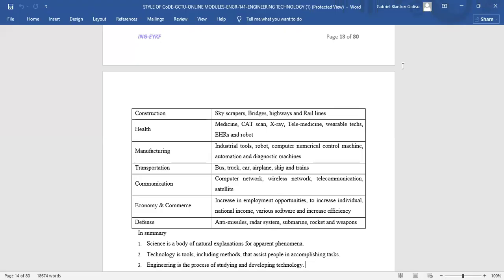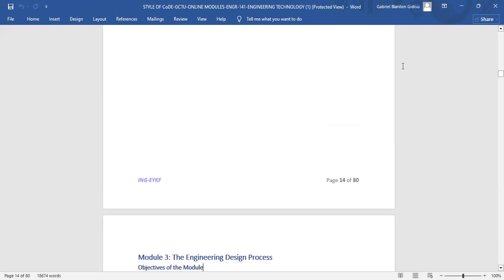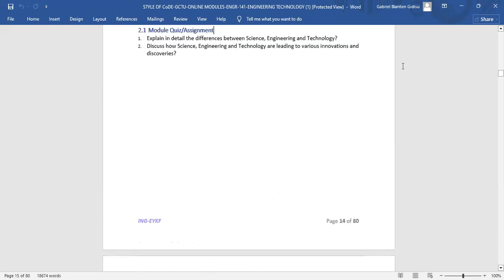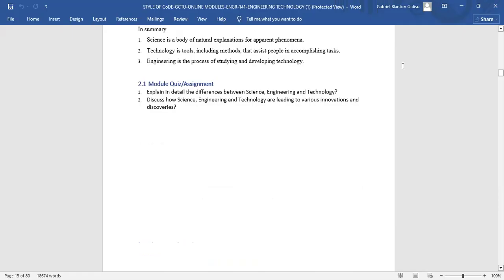So in summary, science is a body of natural explanations for apparent phenomena. Technology is a tool, including methods.